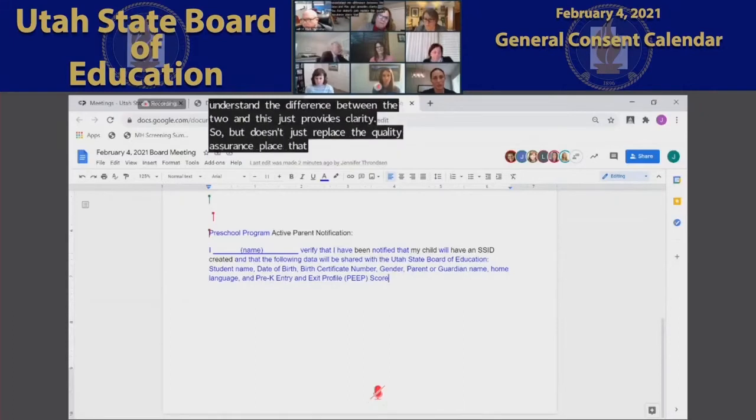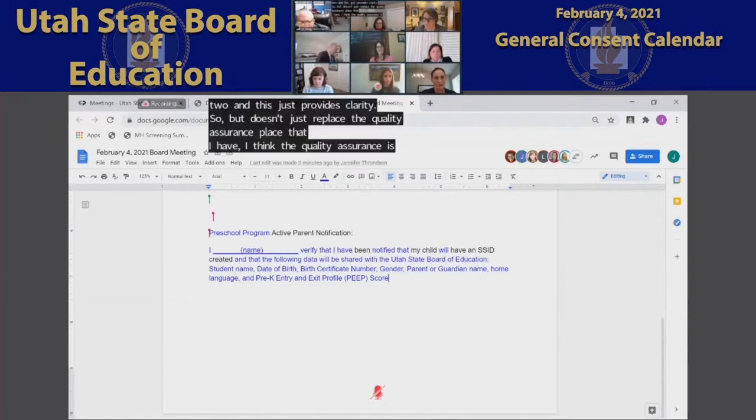I just used similar language. That assurance part could be copied down below and left in the document as it was there. This was just so that it was a verification that went along with the model notification for parents.